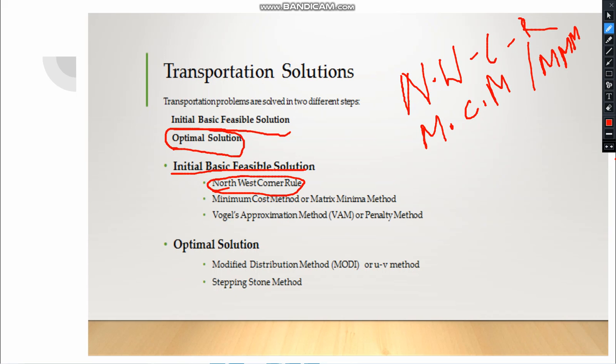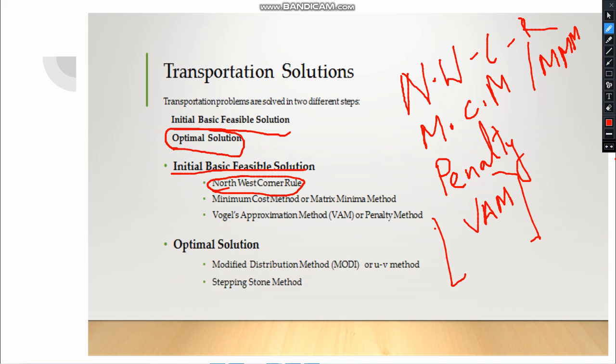And the next one is the penalty method. This penalty method is very important. You have to understand it very clearly. There are some very important concepts regarding this VAM. It is sometimes called Vogel's approximation method. The penalty method and Vogel's approximation method are all the same.